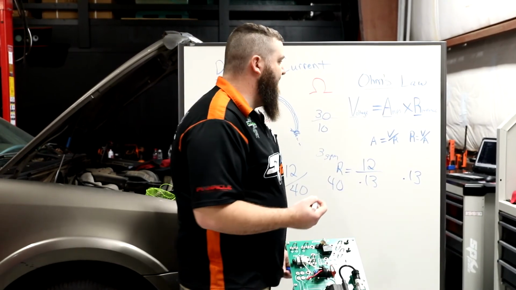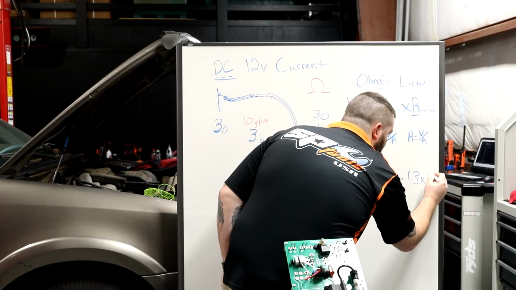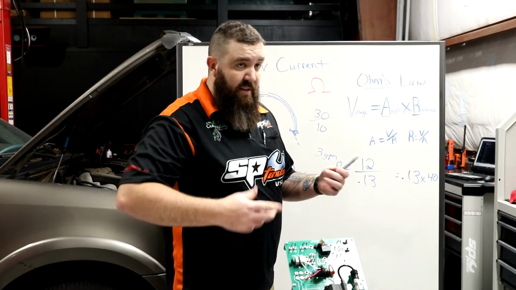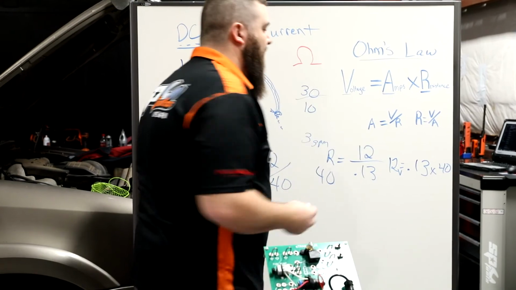Anything that uses electricity is a resistance point in the circuit. So we know our resistance value was 40. So that 0.13 times 40, we did the math and calculations up, that's going to equal 12 volts.